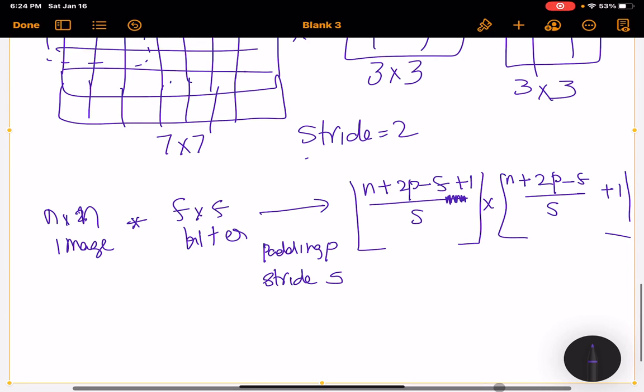In case during this process we get a decimal value, we round it to the lowest value.